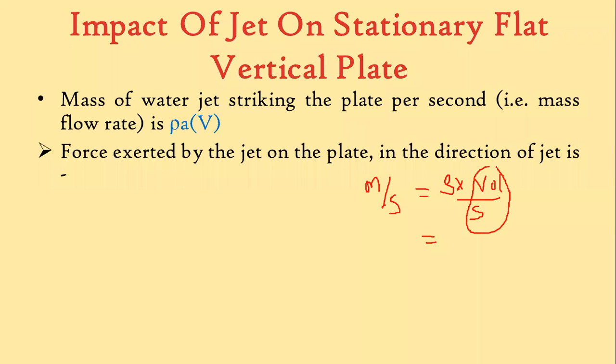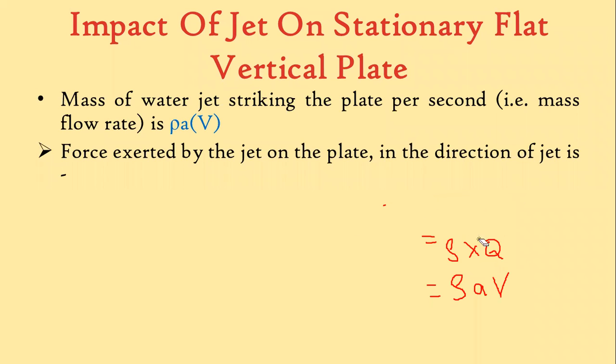Now volume per second, we know it is discharge, that is capital Q, and we have another formula for discharge, that is area into velocity. Here velocity capital V is the velocity with which the water jet is traveling, small a is the area of the jet, and rho is the density of water. So this is what we have studied in the last lecture.